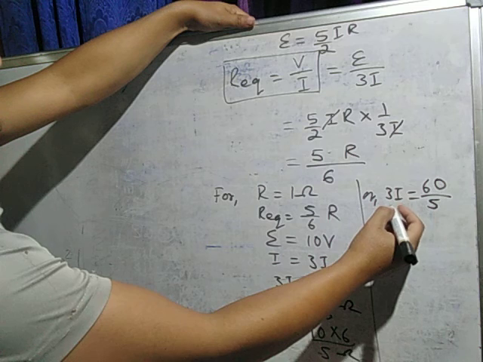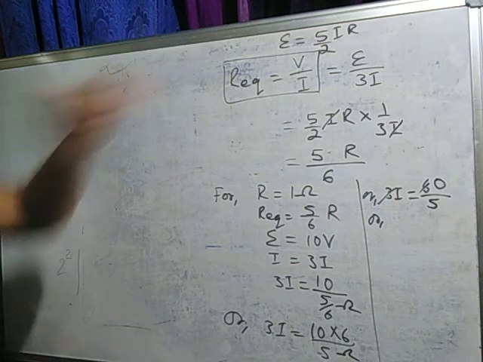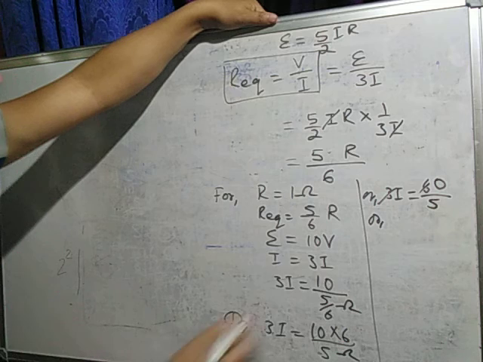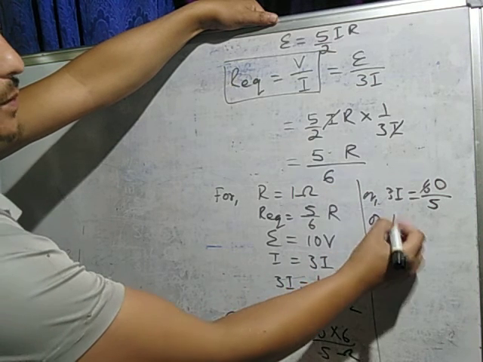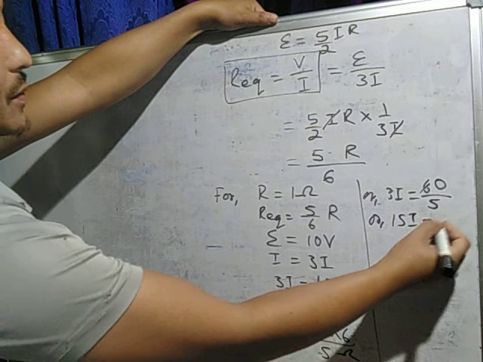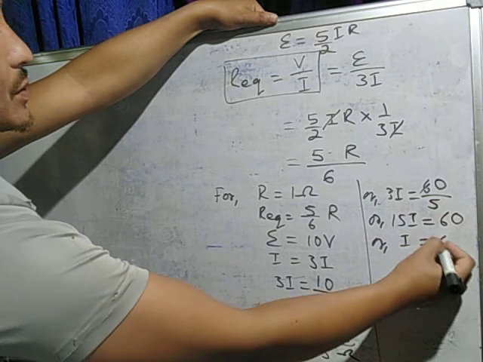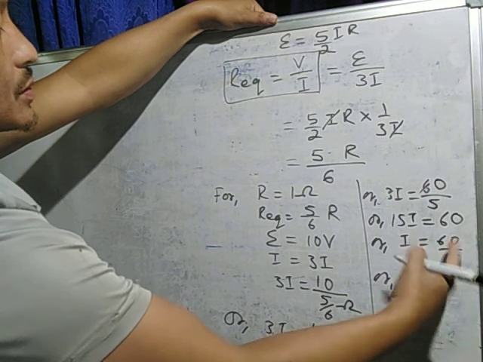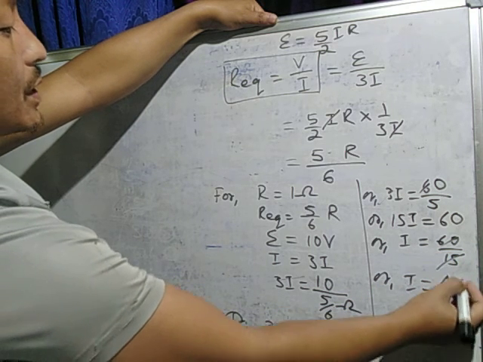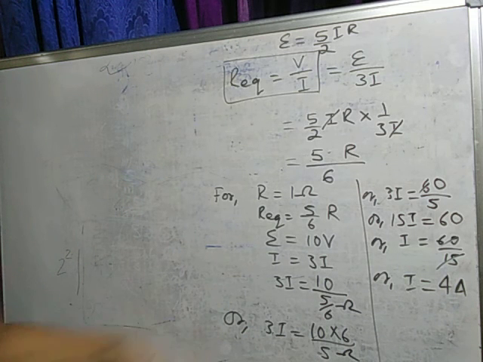Or you can cross multiply, isn't it? So 15I equals 60, or I equals 60 by 15. So I equals how much? Got 4 ampere. So each resistor has 4 ampere as a current. Clear?